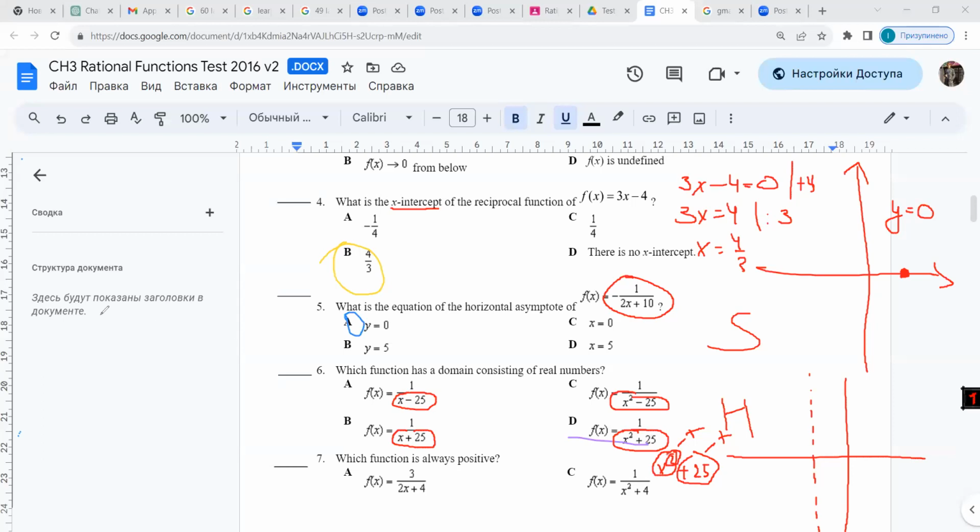Any real number squared would always be positive. We are not talking about imaginary numbers. So in conclusion, you could say that in D, the domain is such that x is in R, and x lies from negative infinity all the way to positive infinity.